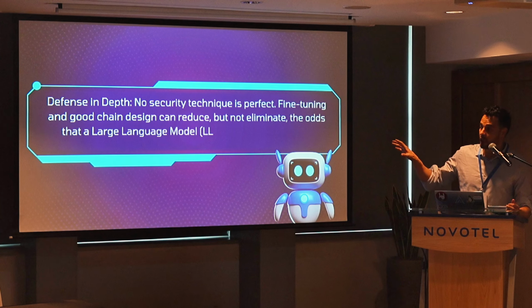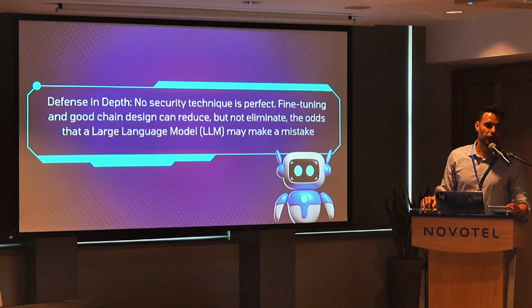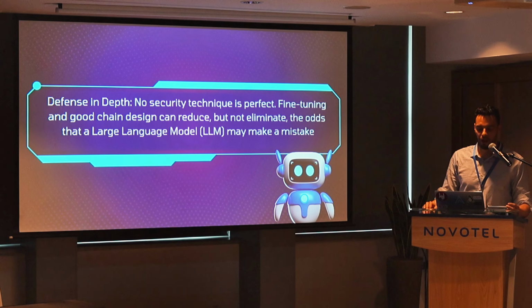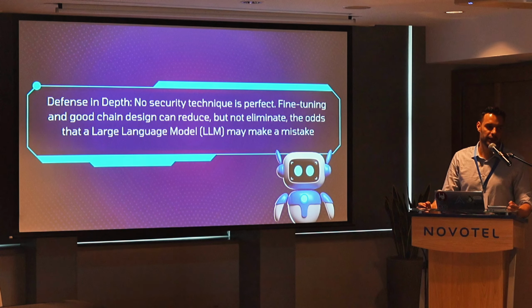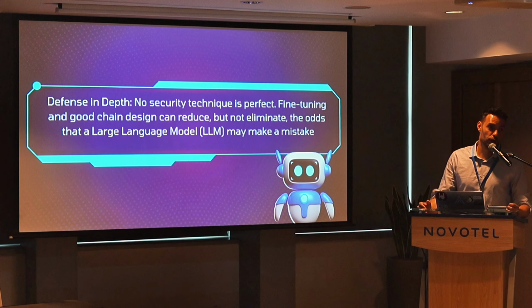This is taken from the LangChain official documentation. No security technique is perfect, so fine-tuning and good chain design can reduce but never eliminate the odds that an LLM may make a mistake. So we have to use it carefully. I think the potential is big, we all know that. But we have to be really careful with what we do.